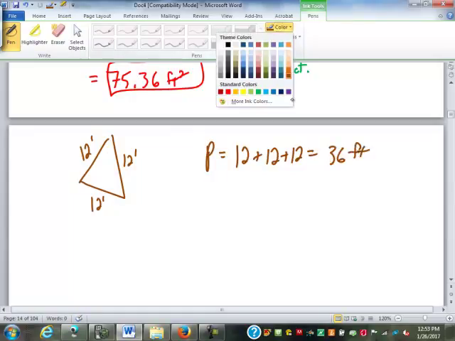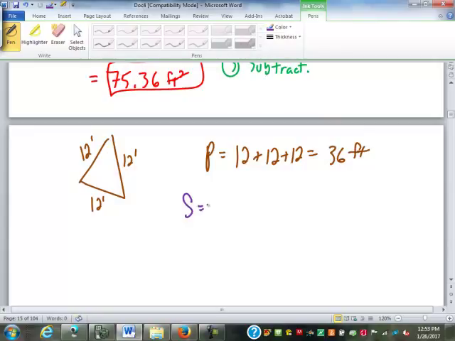For Hero's formula, you use the semi-perimeter, which is the perimeter over 2, or 18 feet. If your sides are labeled sides A, B, and C, well, they're all 12, so it really doesn't matter which.